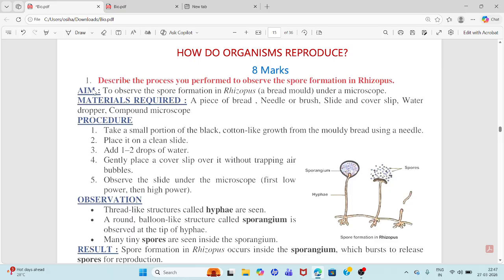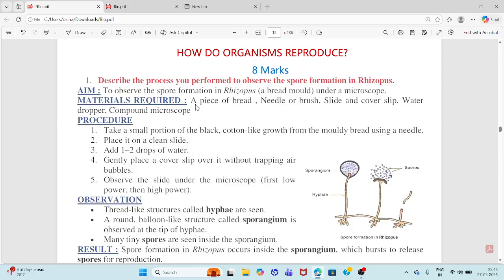So let's start. First question: describe the process you preferred to observe the spore formation in rhizopus. You can see here this picture, spore formation in rhizopus. Aim: you observe the spore formation in rhizopus under a microscope.